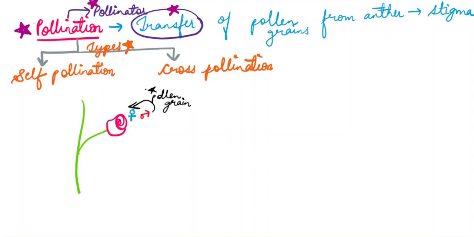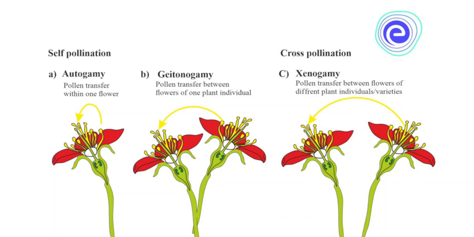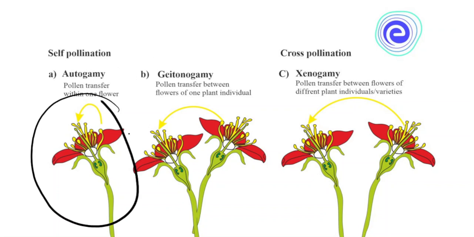If I show you one example, can you see this example? Here there is an anther, and in between you can see the stigma. So from anther to stigma, in the same flower there is a transfer.